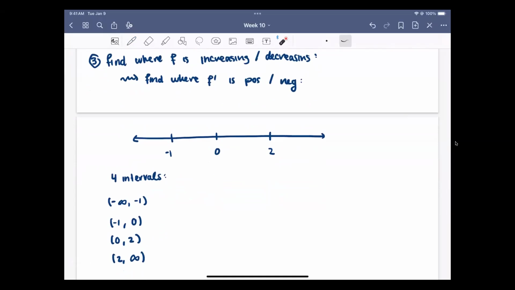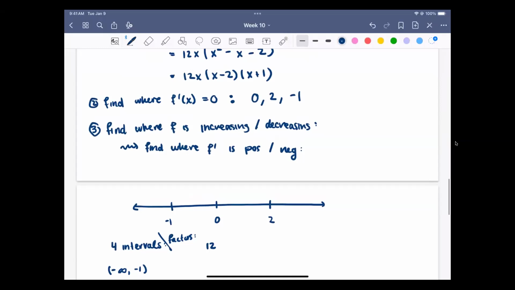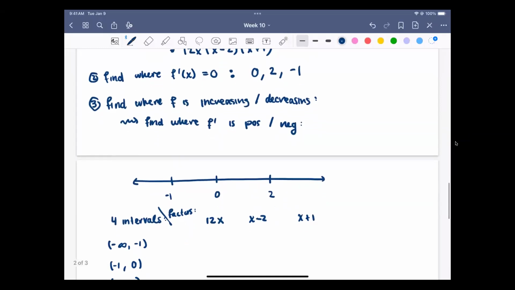So here's our 4 intervals and then our factors. So we have 12x, x minus 2, and x plus 1.